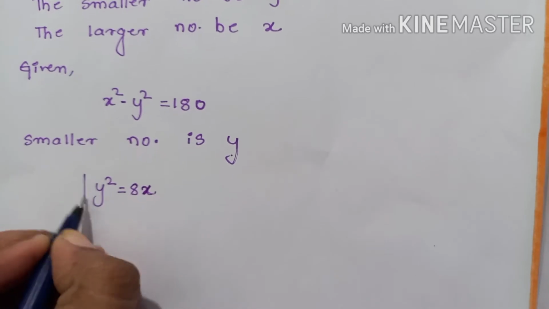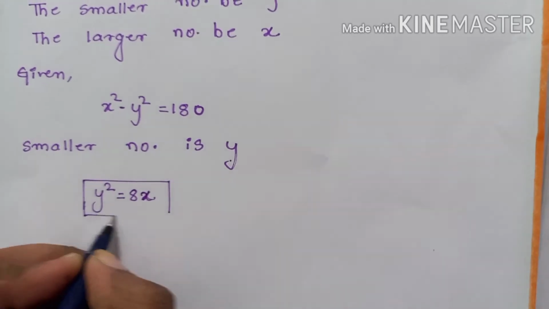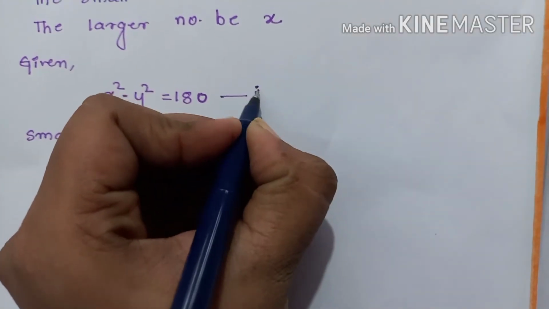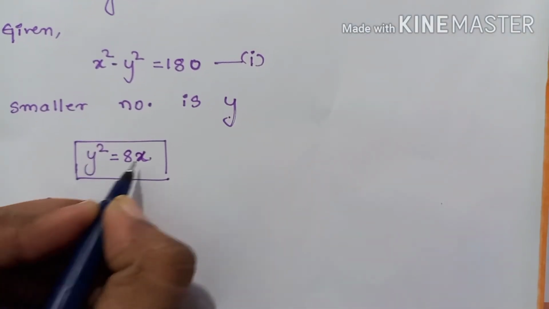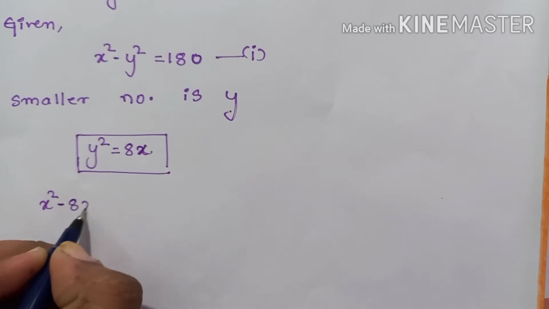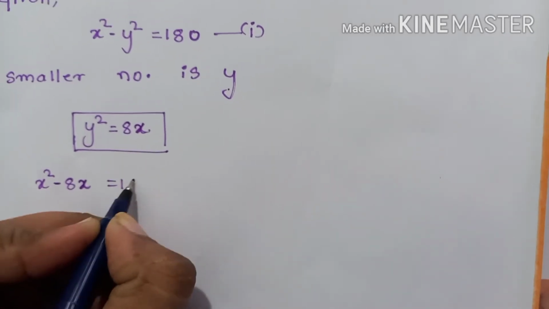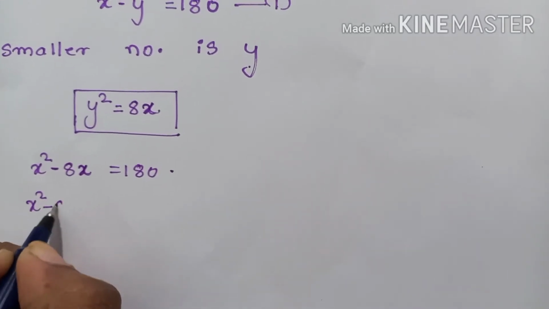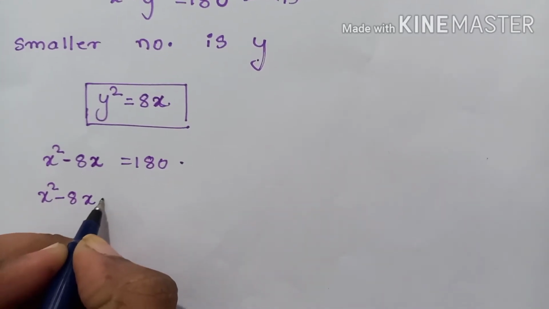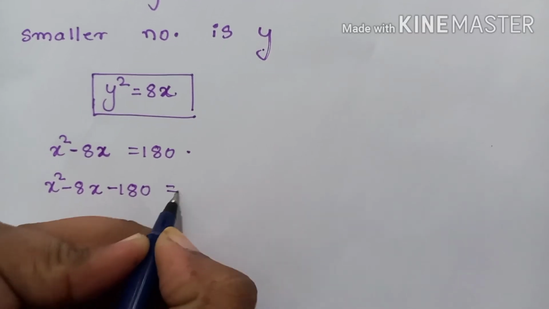Now substituting y square equals 8x in this equation, x square minus 8x is equal to 180. Now x square minus 8x minus 180 equals 0.